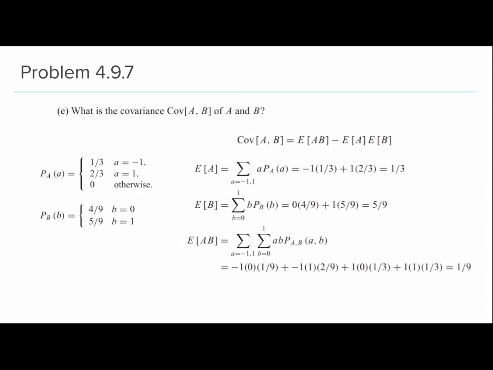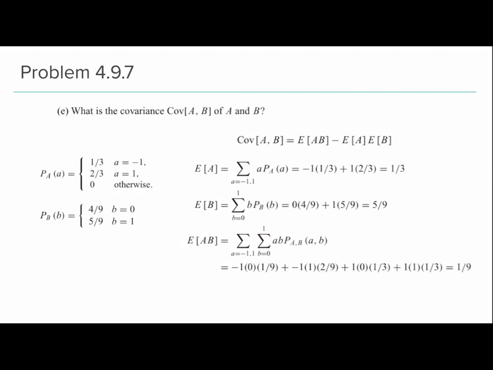So A is equal to minus 1, B is equal to 1, multiplied by PAB of A comma B. You can refer to the table derived in part A for that. The value for that is 2 by 9, which is the second term in the given 4 terms beneath.